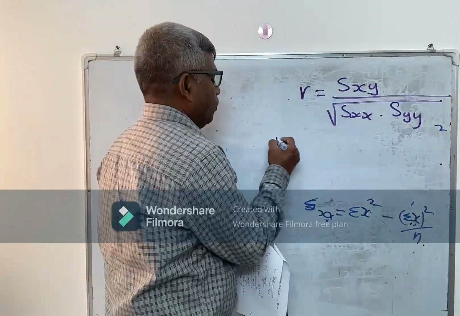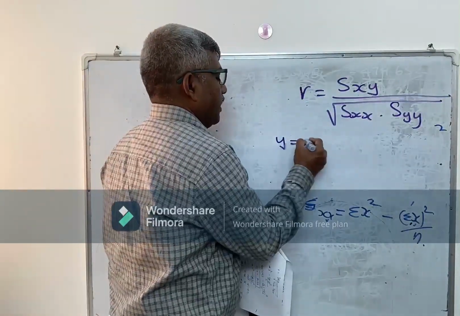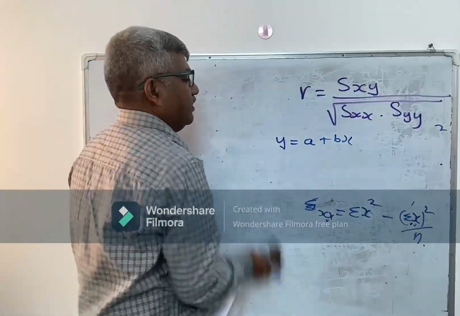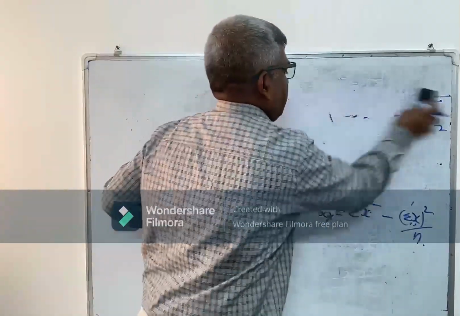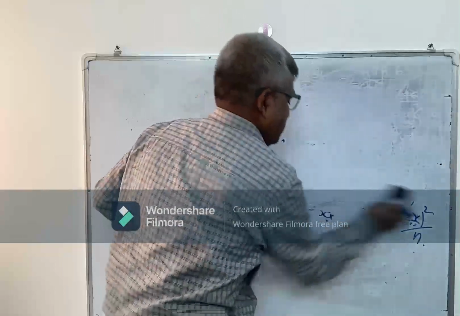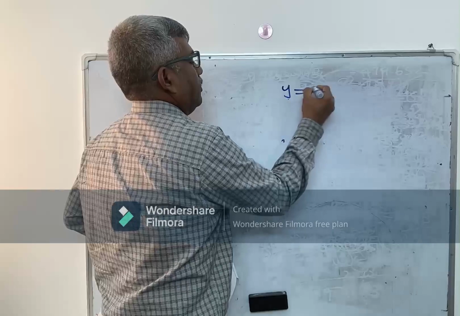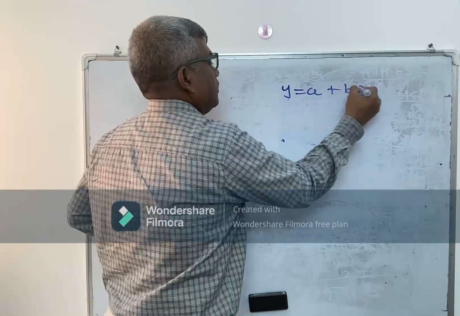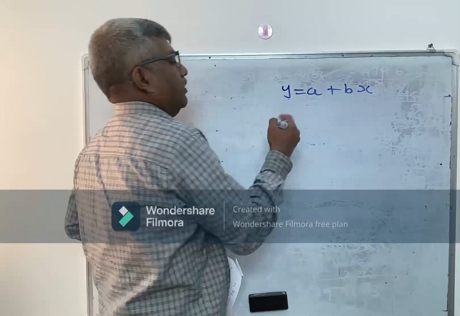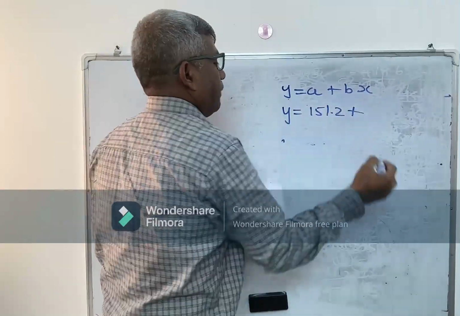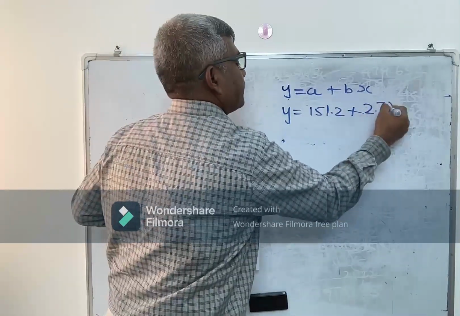We know that y equals a plus bx, this regression line. Okay, I will write from the page. Here y equals 151.2 plus 2.72x.